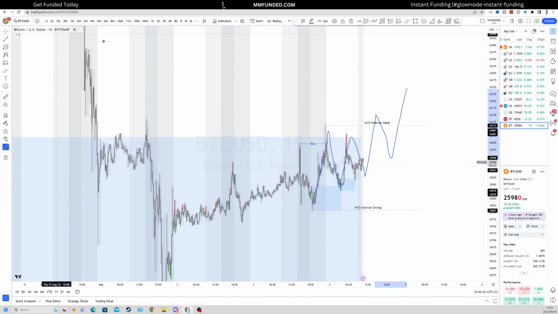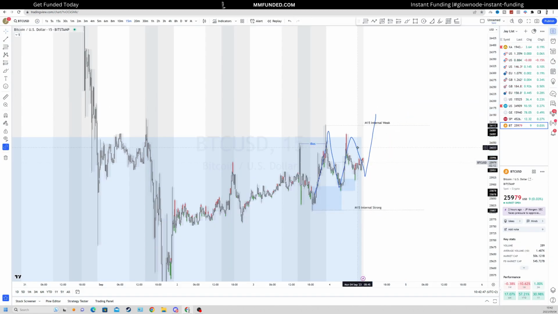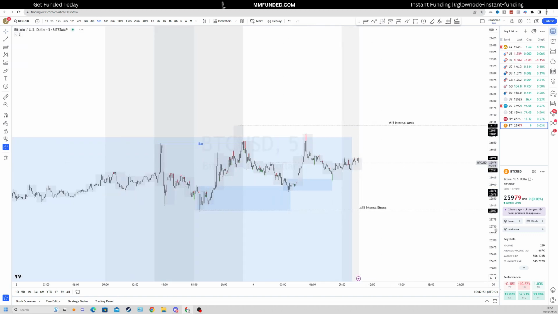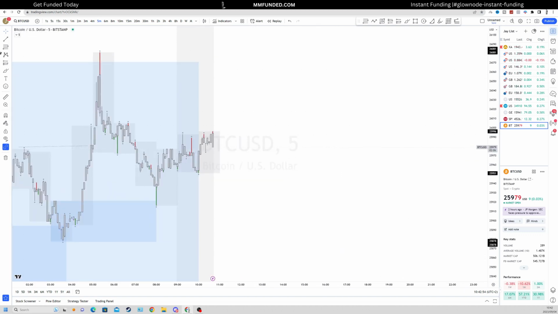Going into session, we can then have a look at our fractal structure, which if we come over to the 5-minute, this morning we most recently had this fractal break of structure to the upside, price busy pulling back into, yeah, so this could have been your demand fractal range.